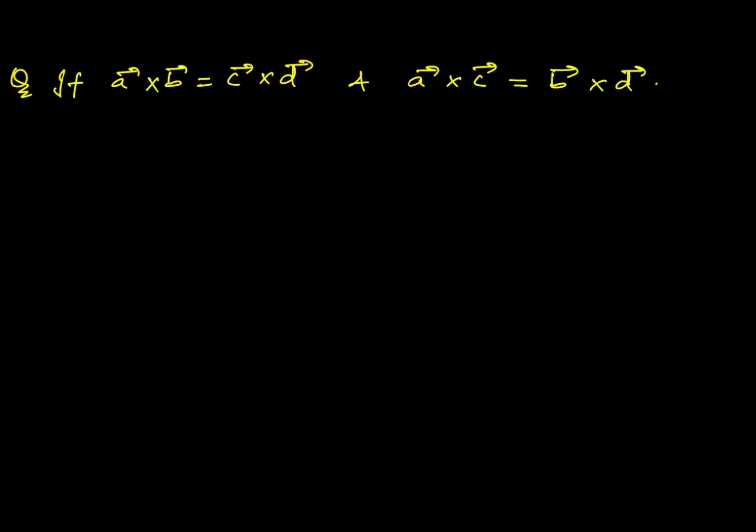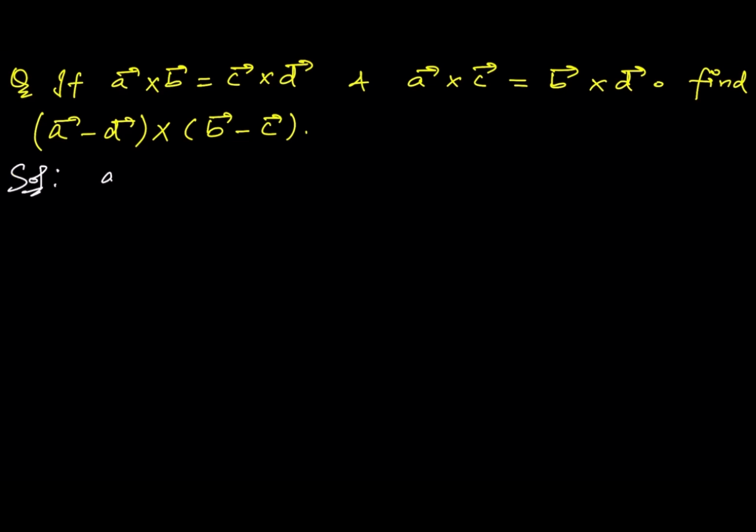Question is, if A cross B is equal to C cross D and A cross C is equal to B cross D, find A minus D cross B minus C. So what is given to us?